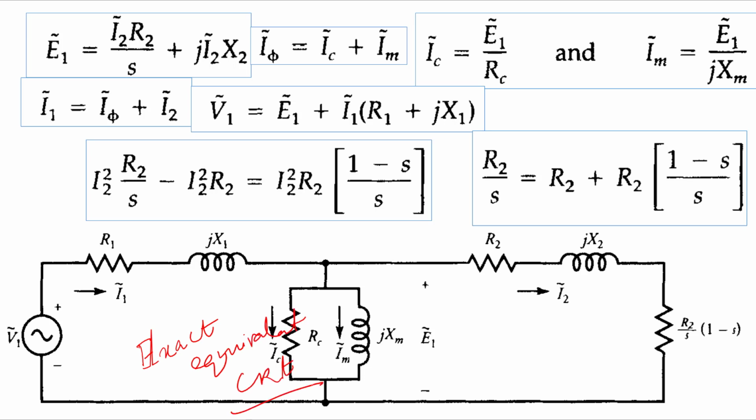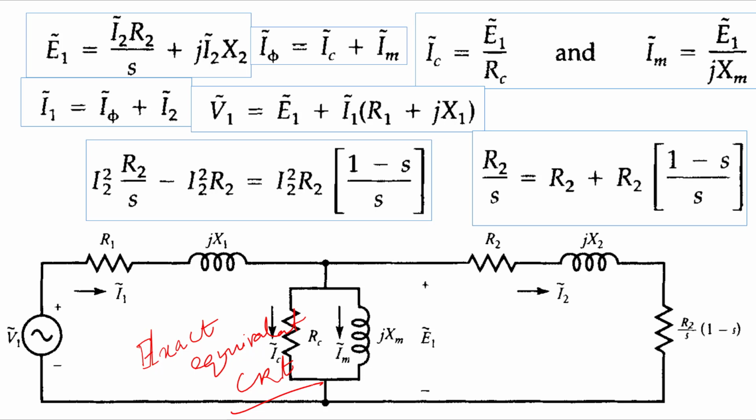Like in a transformer, we define an exact equivalent circuit, then we approximate it. In a transformer also we have an approximate equivalent circuit, right? So why is this approximation required?